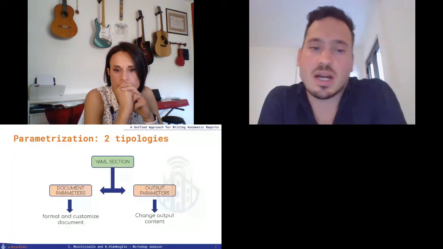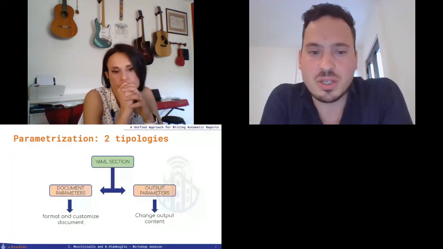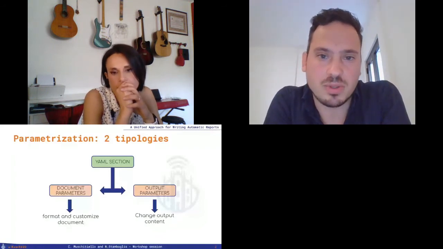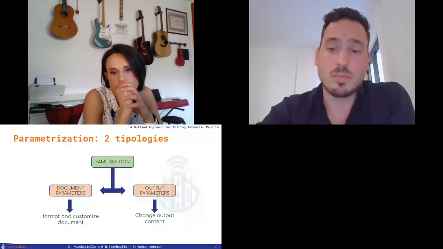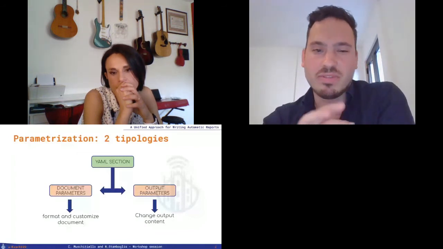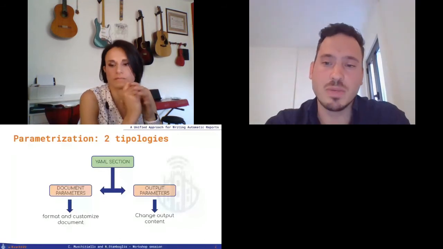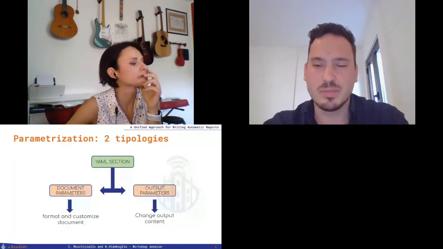The first ones are document parameters that basically allow you to change and customize the layout of the report. So you can have, say, a very simple and basic report style, or you can make it more flashy and more interesting, maybe introducing the table of contents and making it a little bit richer.